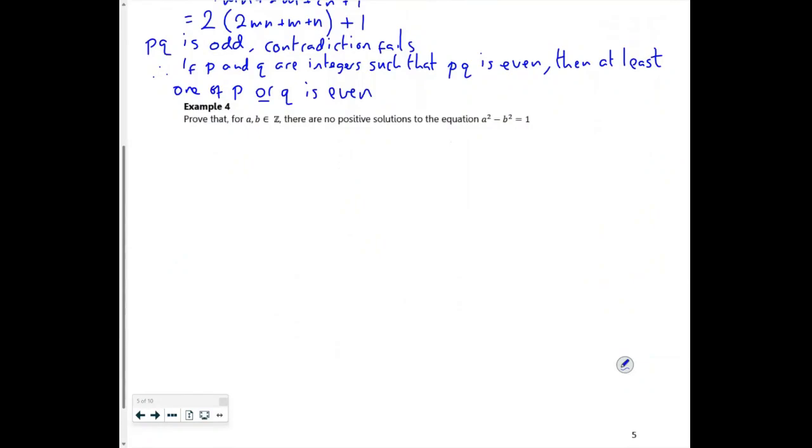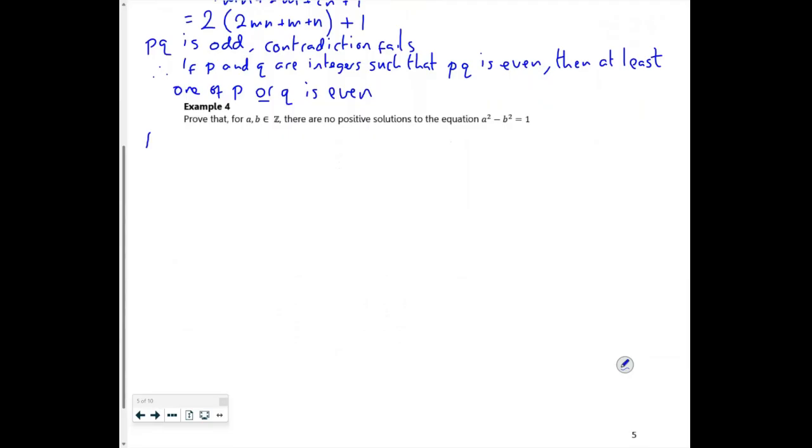Right then, I think we've got one more and then a question for you, and then we're done for this lesson. So prove that for A, B being integers, there are no positive solutions to the equation a squared minus b squared is equal to 1. Right. So we want to see if there is a positive solution, don't we?